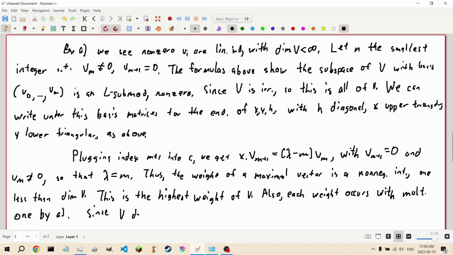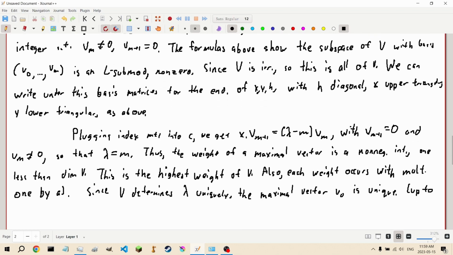Since V determines lambda uniquely, the maximal vector v_0 is unique, of course up to scalar multiples.